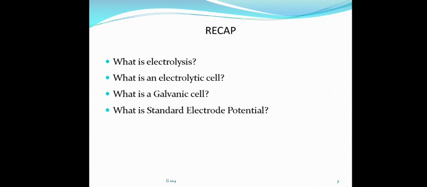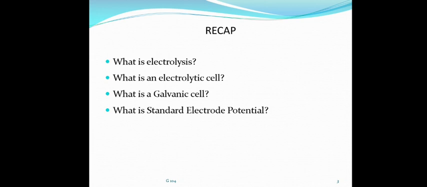What is standard electrode potential? In a galvanic cell you find two electrodes. One electrode loses electrons and undergoes oxidation; another electrode gains electrons and undergoes reduction. So what is making one electrode lose electrons and another gain electrons?